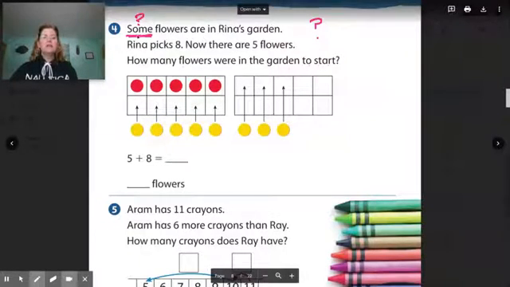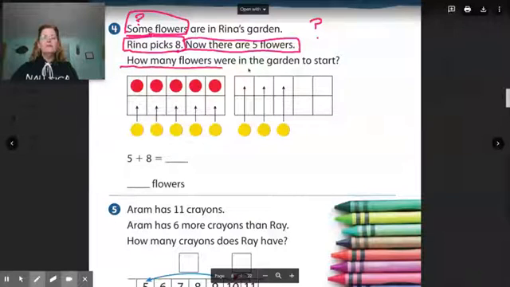Rena picks 8. Oops, I need to circle this. Rena picks 8. Now there are 5. How many flowers were in the garden to start?